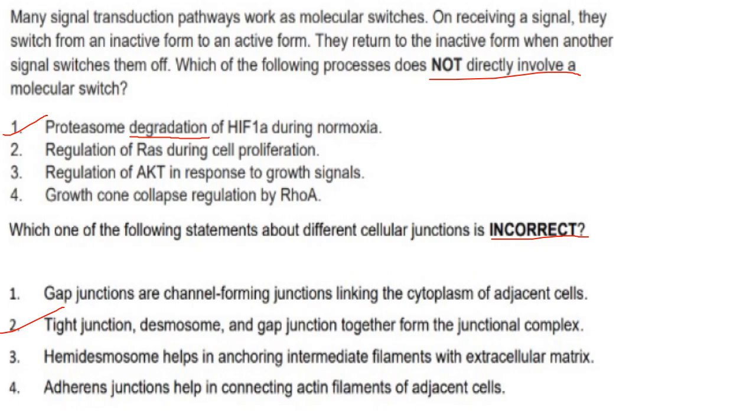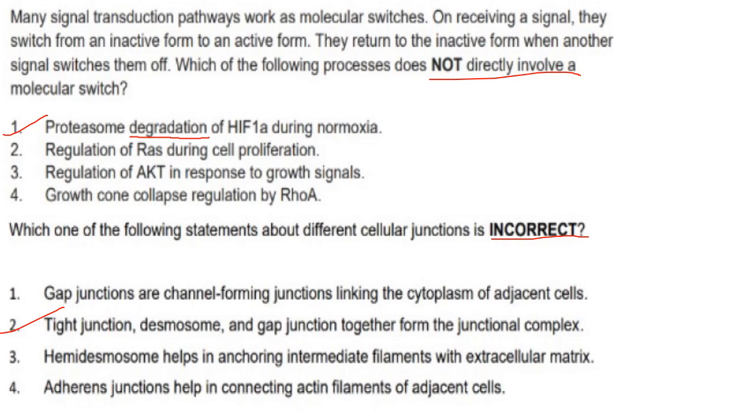They have asked for the incorrect statement. So tight junction, desmosome, gap junction together form the junctional complex is not true. Junctional complex is formed of tight junctions, zonula adherens and desmosome. Gap junctions are not involved there. So the answer here is option 2.